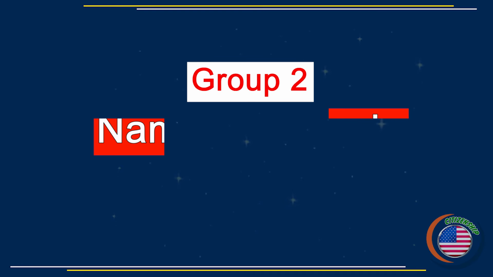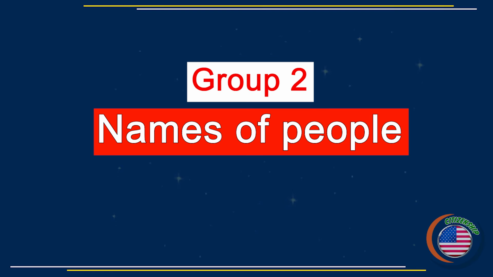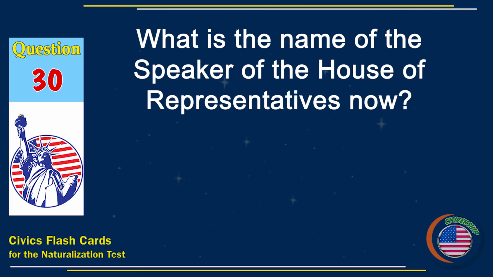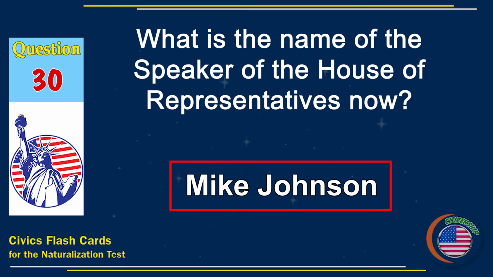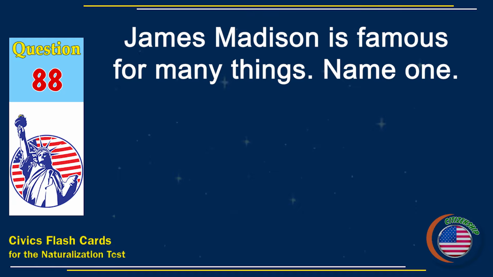Group 2. Names of people. What is the name of the Speaker of the House of Representatives now? Mike Johnson. James Madison is famous for many things. Name 1.